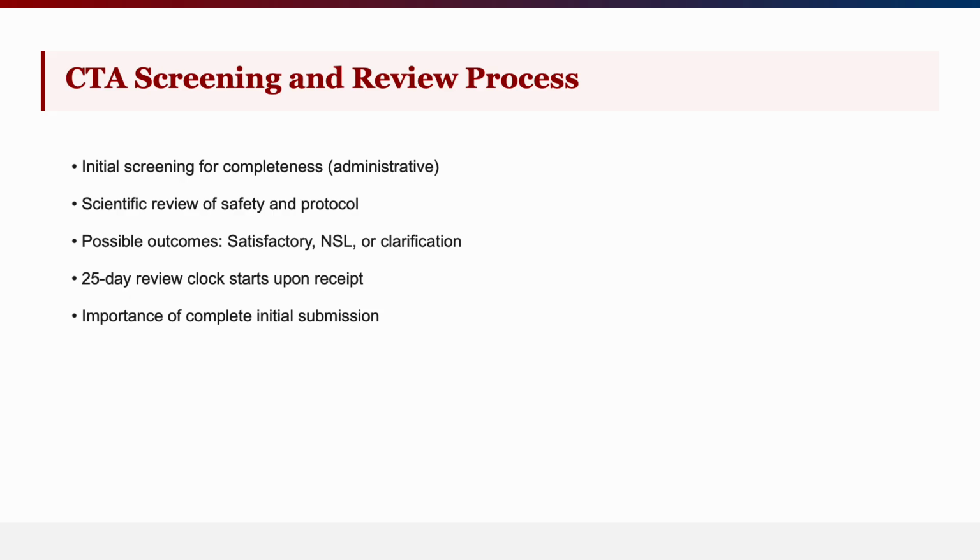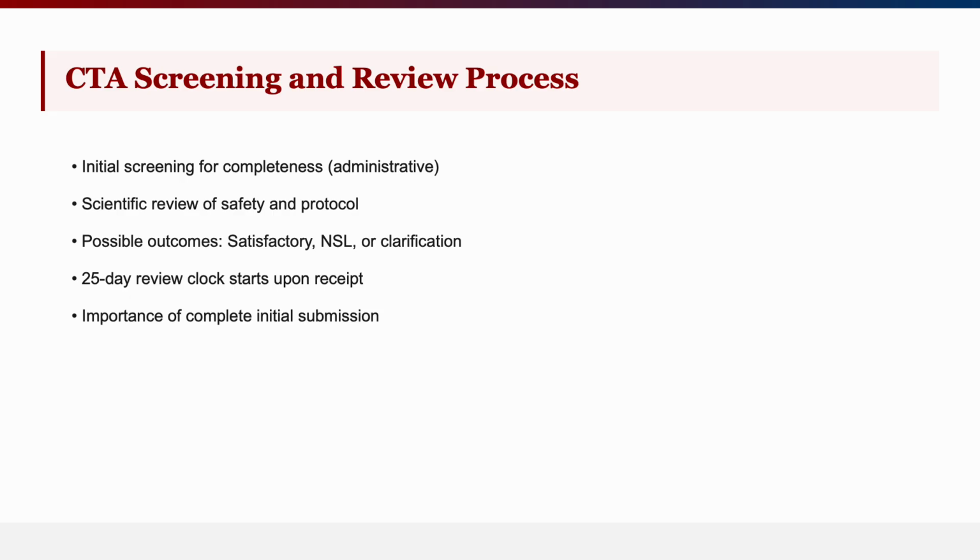Scientific review examines the safety data supporting the proposed trial and evaluates the clinical protocol. Reviewers assess whether the non-clinical and any clinical data adequately support the proposed human exposure, and whether the protocol includes appropriate safety monitoring. There are several possible outcomes. A satisfactory letter means your CTA is authorized and you can proceed with the trial.